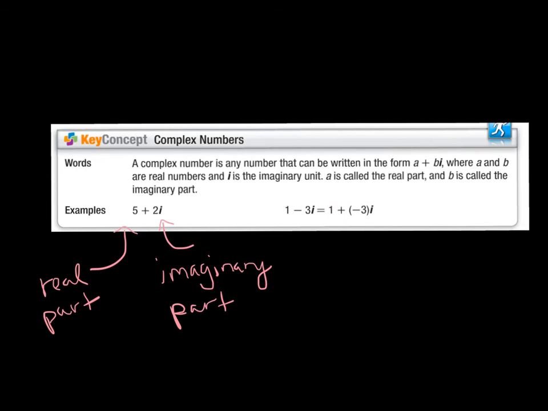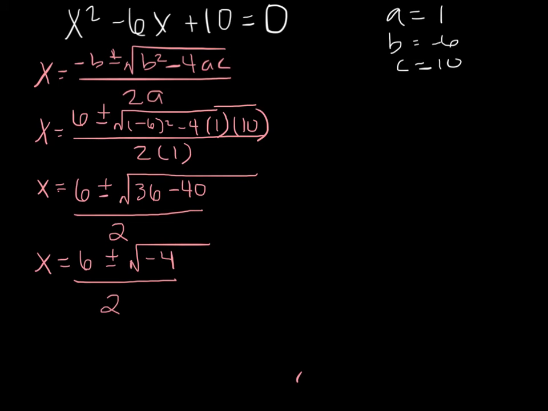so that's why they wanted to write it with a plus there. So let's take this right here and apply it to the problem that we got stuck on before. Okay, so we were here at the bottom with x equals 6 plus or minus the square root of negative 4 over 2. Okay, so I want to take this negative 4 and write it in some terms that we know, because we know that the imaginary i equals the square root of negative 1.